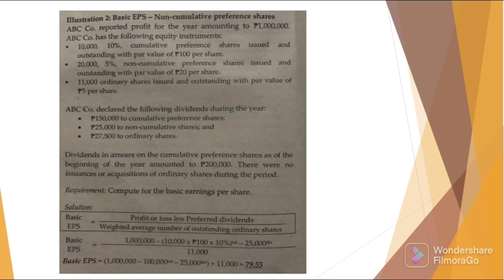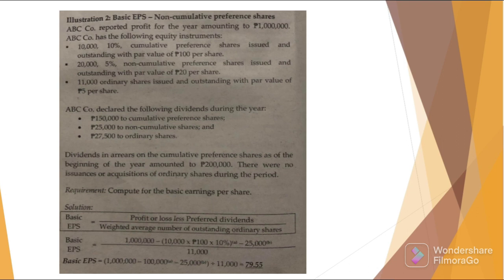Ang profit natin is 1 million and less mo yon sa preferred dividends and ang preferred dividends natin is yung nasa cumulative pa rin. Pero i-deduct natin ay yung kung alin lang ang dineclare, which is 25,000 kasi ang rule is kapag non-cumulative, ang i-deduct lang ay kung ano ang dineclare.